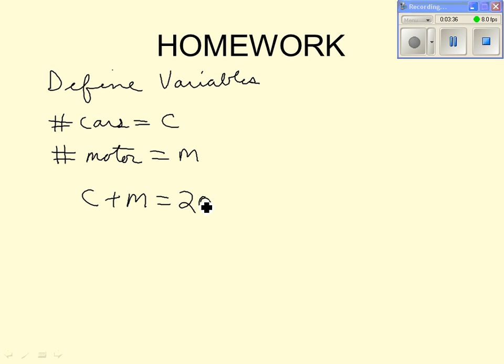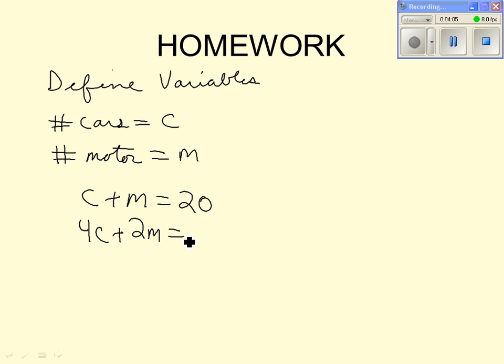What other equation can we set up? All right, now watch carefully on this one. Take 4 times C, because each car has how many wheels? 4, plus each motorcycle has how many wheels?